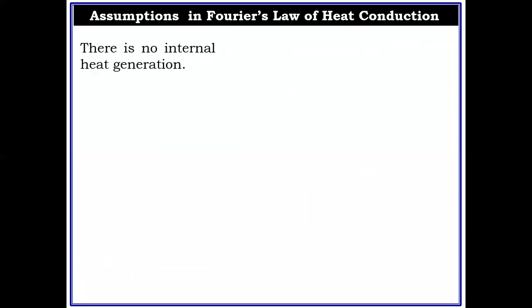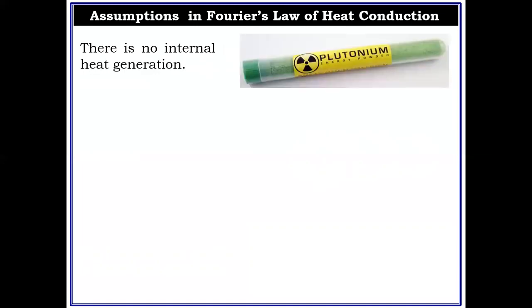There is another assumption: there is no internal heat generation. In many applications, such as a plutonium or uranium rod, when it is bombarded, it generates heat inside. So we are assuming there is no heat generation source inside the material or object.